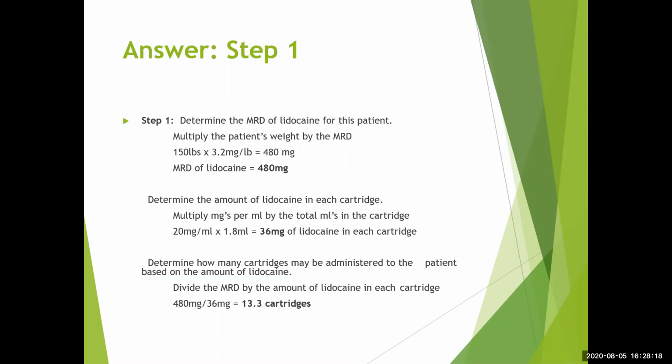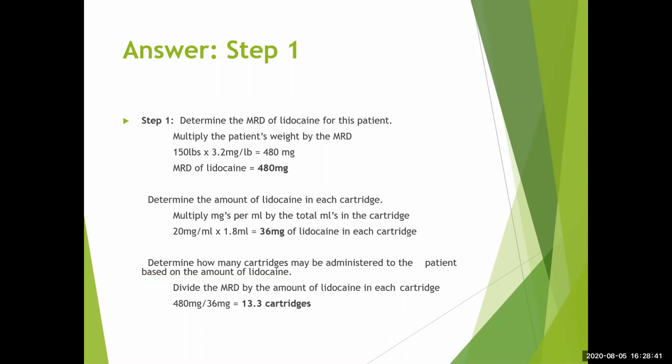The patient's weight was 150 pounds, and we multiply that by the MRD of 3.2 milligrams per pound, and we get an MRD of 480 milligrams. Now that's less than the absolute MRD of 500 milligrams, so we go with the 480. So 480 milligrams is our MRD for this patient.